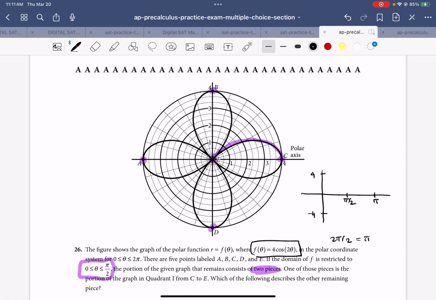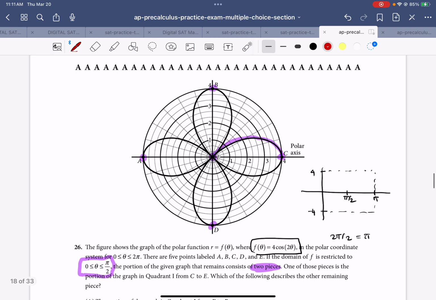And then you can draw your cosine in here. It's positive, so you start from up here. So let's mark 5 points. This is not the polar graph, just the cosine 2 theta graph, but it will help you out to graph this one.